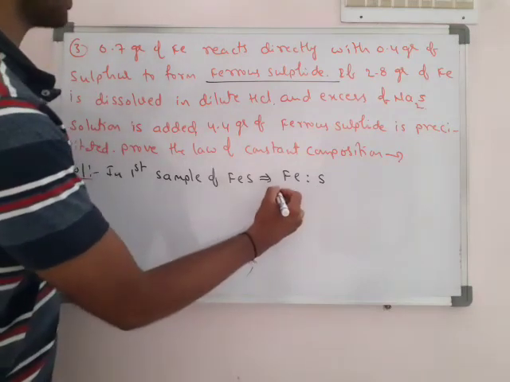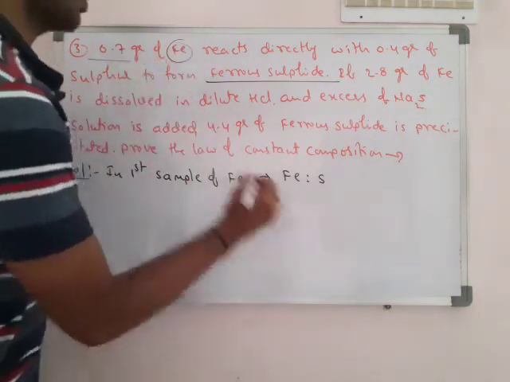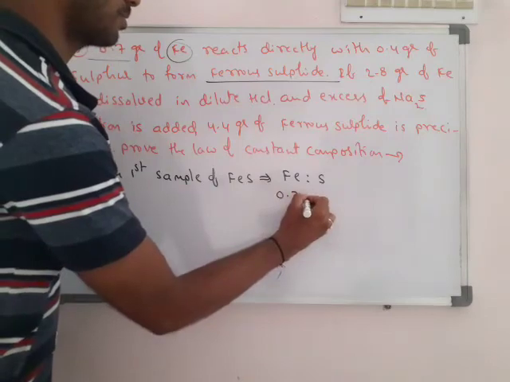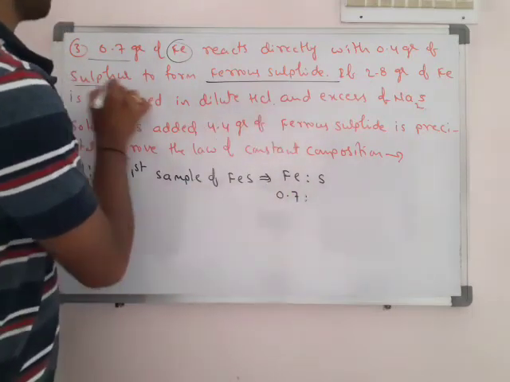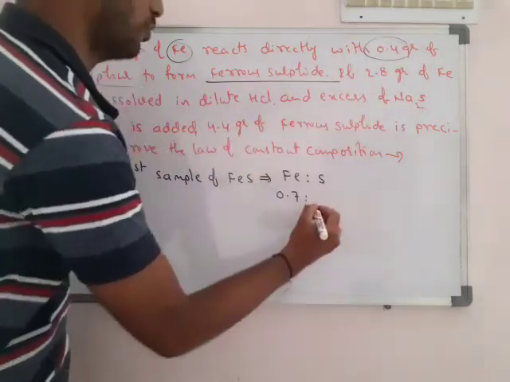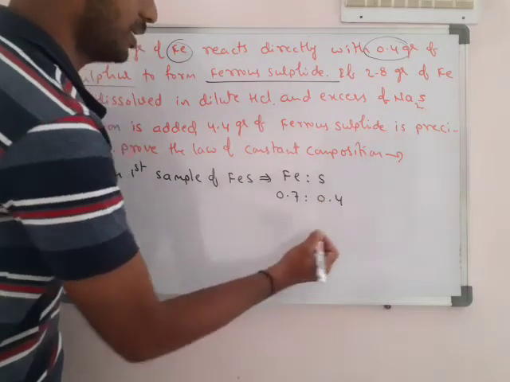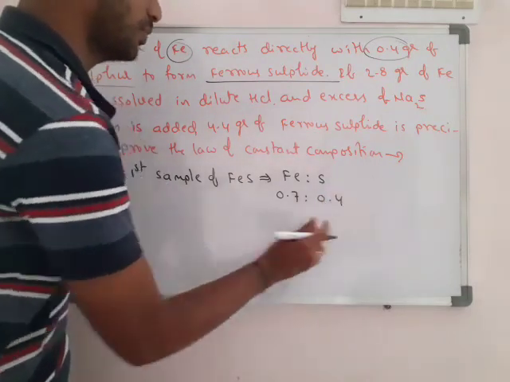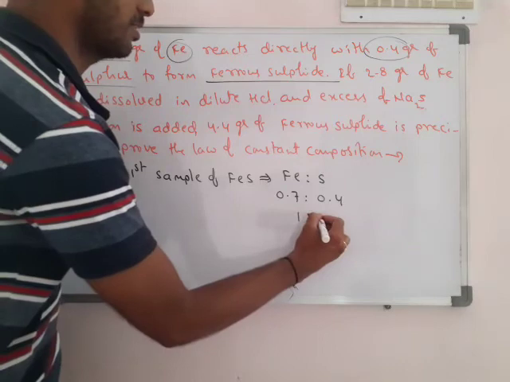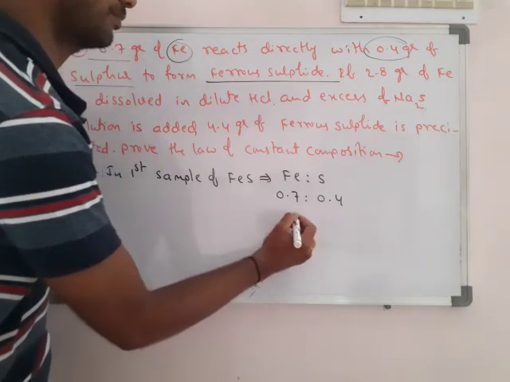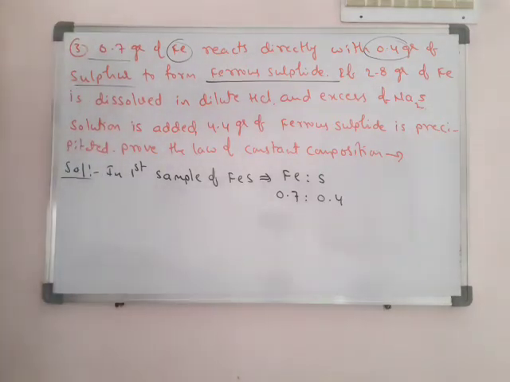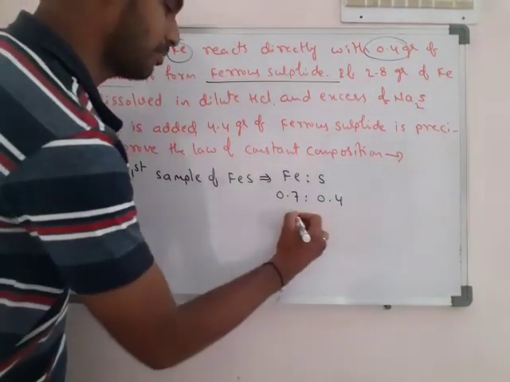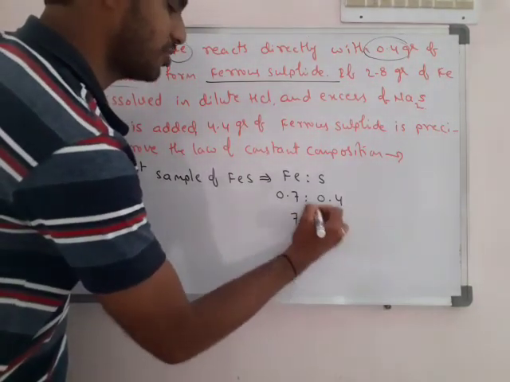How much iron? 0.7 grams. How much sulfur? 0.4 grams. So what is the ratio of their masses? That is 0.7 to 0.4, which means 7:4. Dividing by 10, they are exactly in the 7:4 ratio.